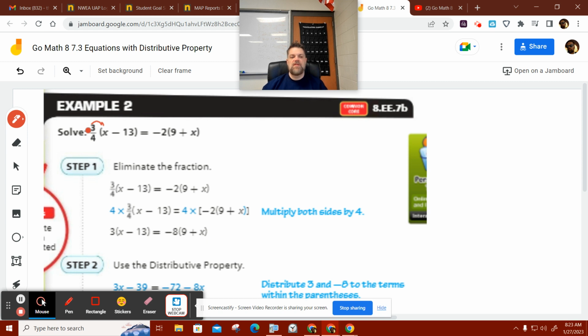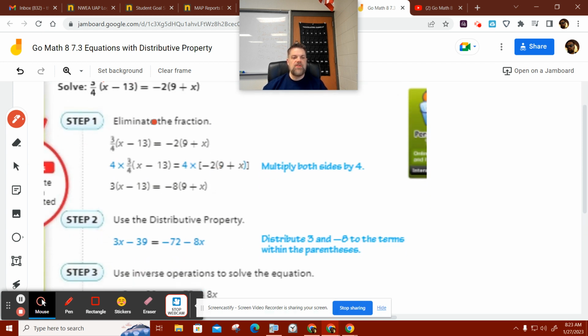In the previous section, we got rid of the fractions by multiplying by the denominator. But normally what you do is multiply 3/4 through this thing and then start solving. But to eliminate the fraction, you're going to multiply by 4. Whatever you do on one side, you have to do to the other side. Really, you're just multiplying this first term of 3/4 by 4.